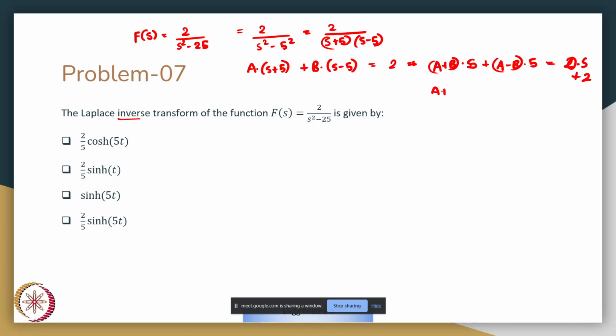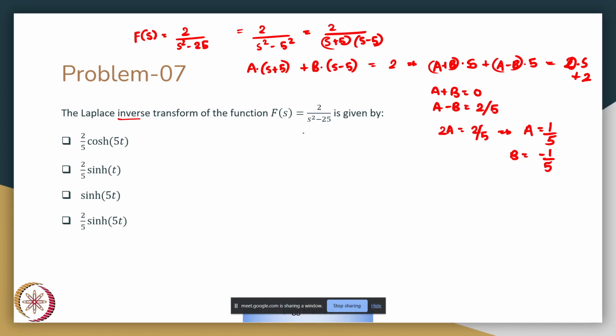So a plus b is 0 and 5 times a minus b equals 2. If we add these two together, we get a equal to 1 by 5, which also means that b equals minus 1 by 5 because a plus b equals 0.